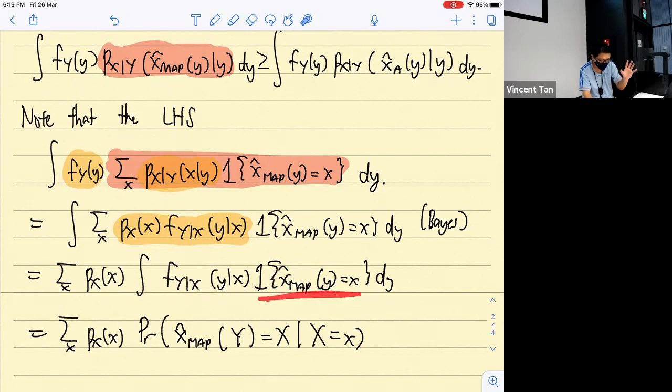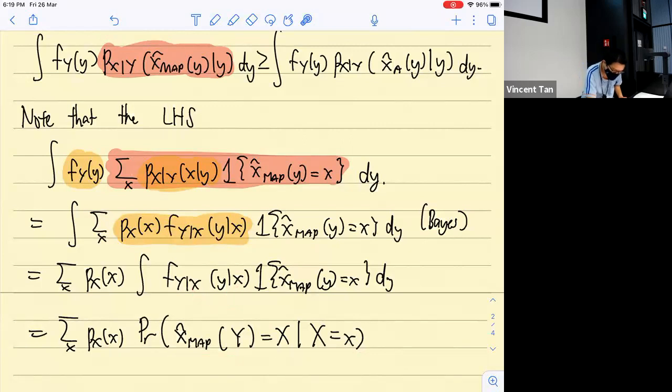You can think of this as the domain, a subset of y's that I'm integrating over. What does this mean? I'm capturing the event that x_MAP(y) is exactly equal to x when X is equal to little x, because X is fixed to be x here.